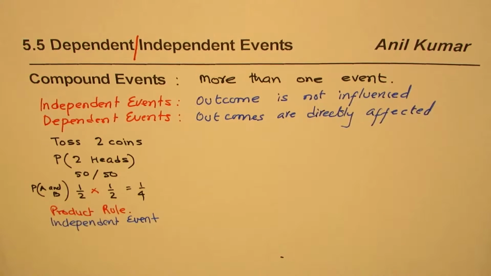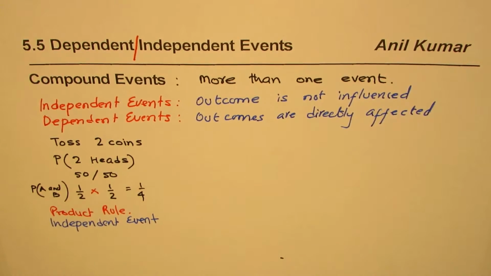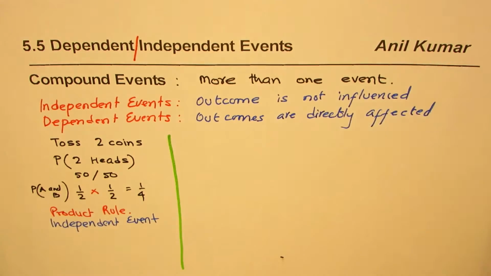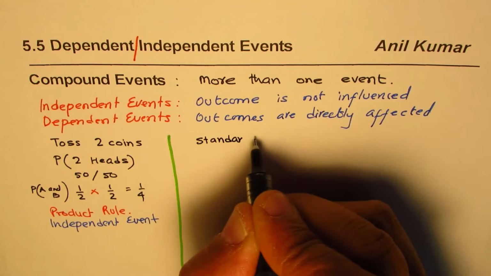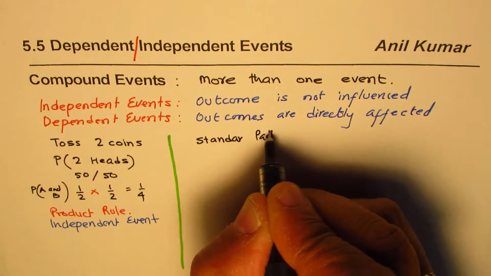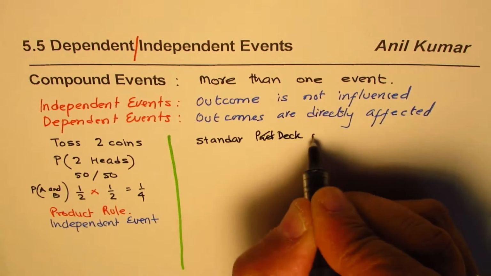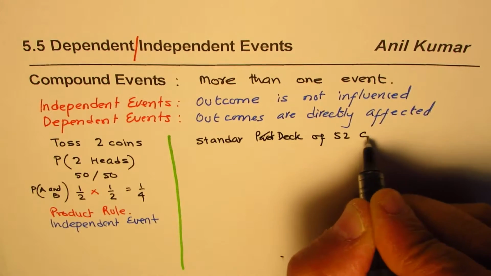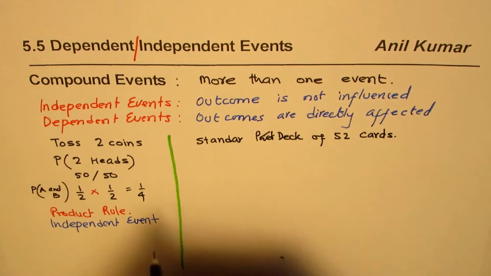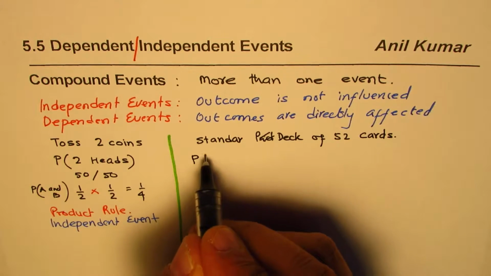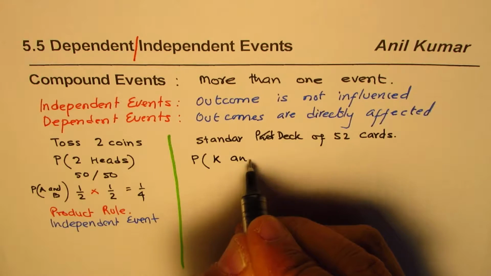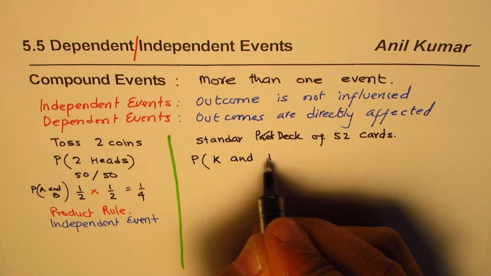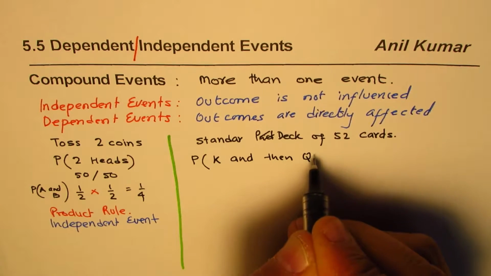Now let's take up another example. Let us take a pack of cards, a standard deck of 52 cards. What is the probability to draw a king and then a queen?